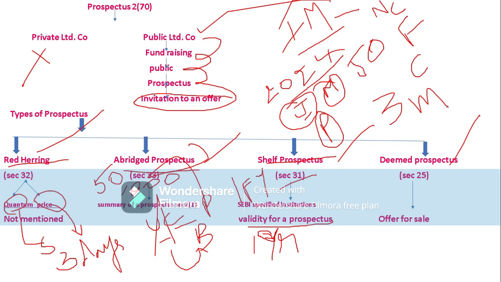So whenever they go for another public issue, within those 3 months they have to give this information memorandum and again go for a public issue under the shelf prospectus.